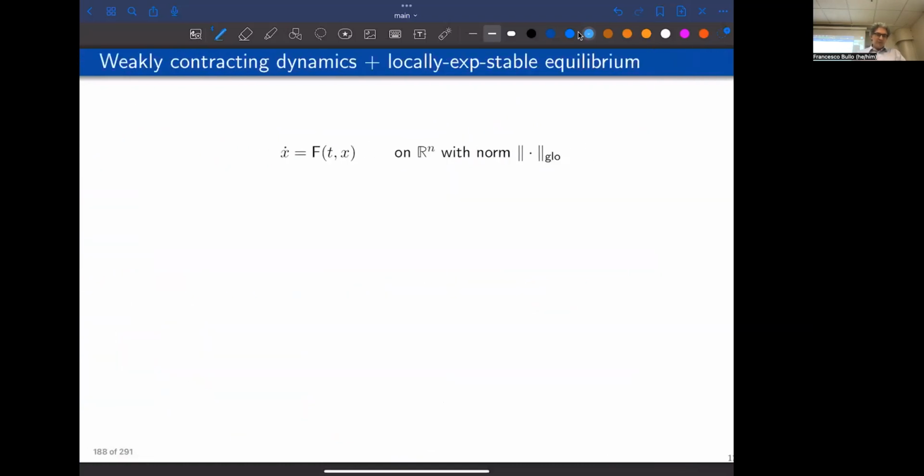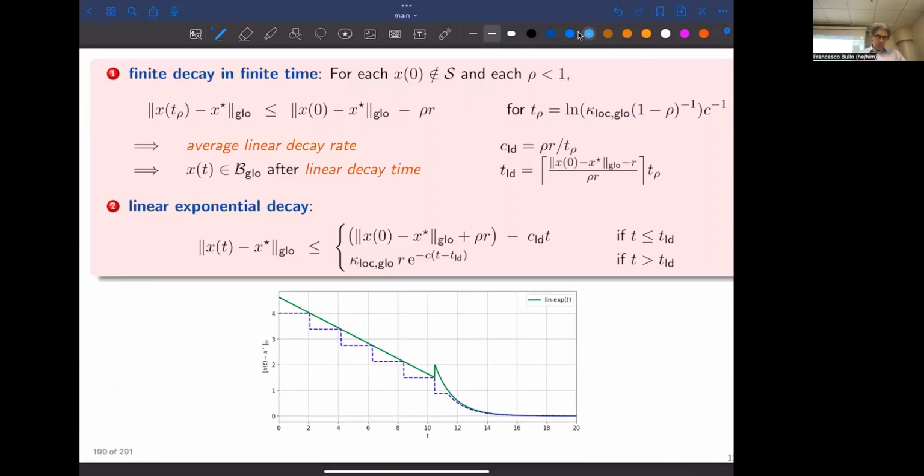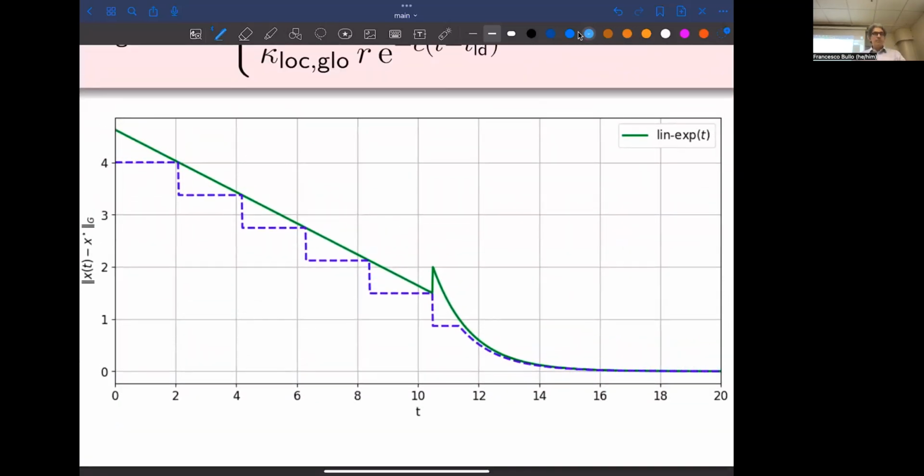Let me just say that in ongoing work, Veronica is writing a paper in which we show bounds that look like this. So what does it mean? If you have an equilibrium that is locally asymptotically stable for your non-expansive system. In fact, let's make it a little bit easier on us.